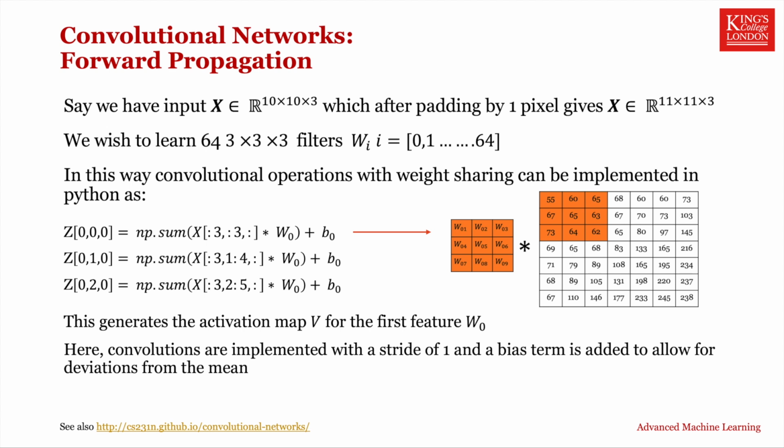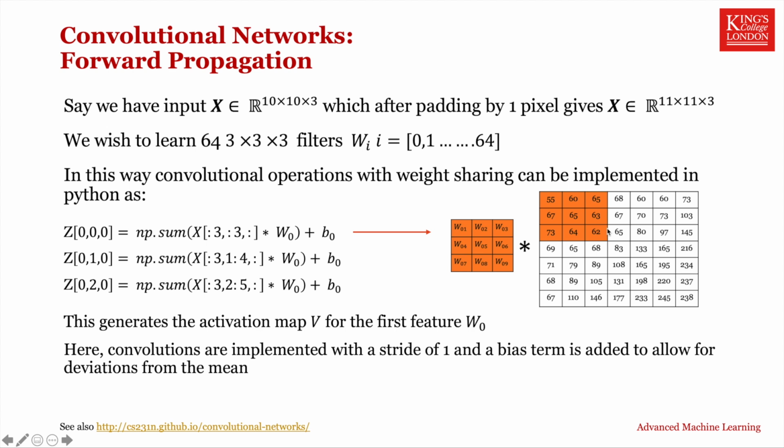However, as previously stated, rather than allowing each neuron to connect to all features in the previous layer, it's only got local connectivity, specifically the connectivity corresponding to the dimensions of the input kernel, for example 3 by 3 by 3.